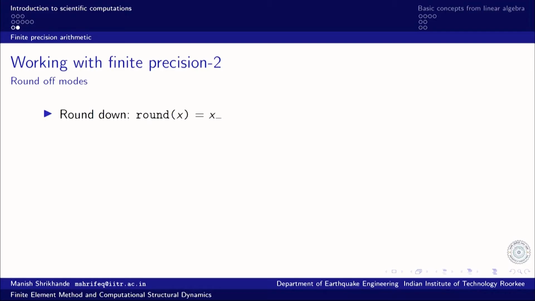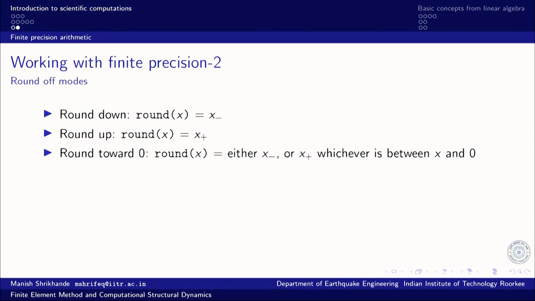There are different round off modes. Round down: 2.4 is rounded off to 2. Round up: 2.4 is rounded up to 3. Round towards 0 depends on the sign of the number.